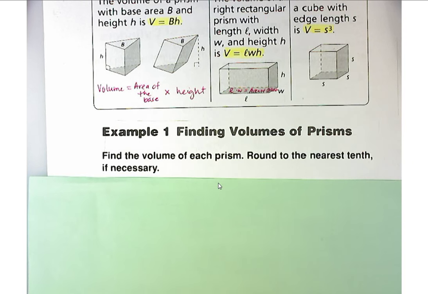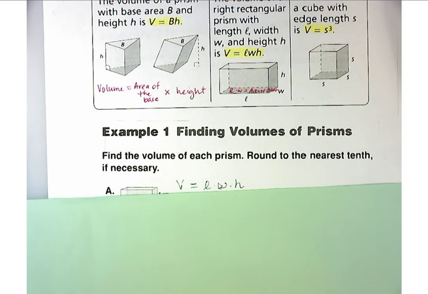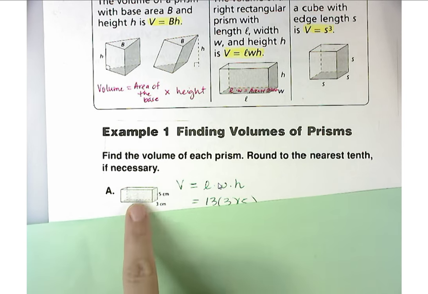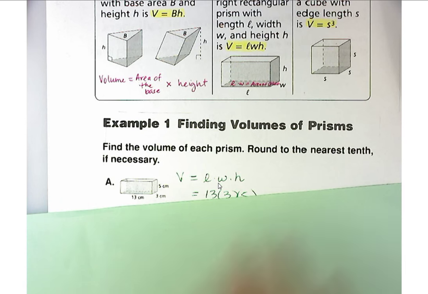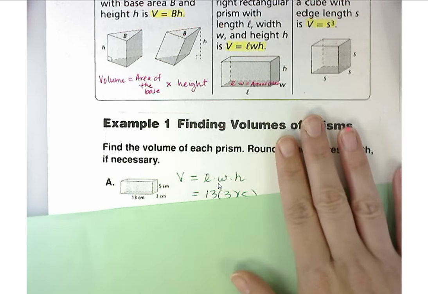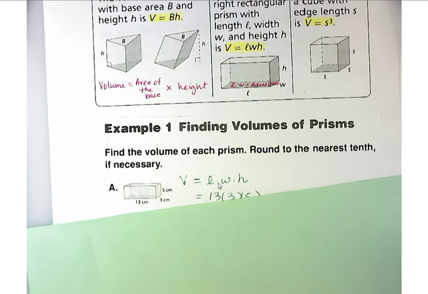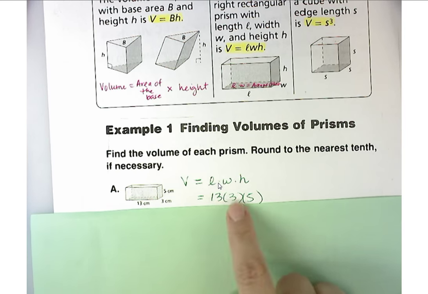So for example 1, we're going to find the volume of each prism, and then we're going to round to the nearest tenth. Okay, so looking at our picture for A, we can tell that this is a rectangular prism. So we're going to do the length times the width times the height. Now, it really doesn't matter what you call the length and the width because you're multiplying.